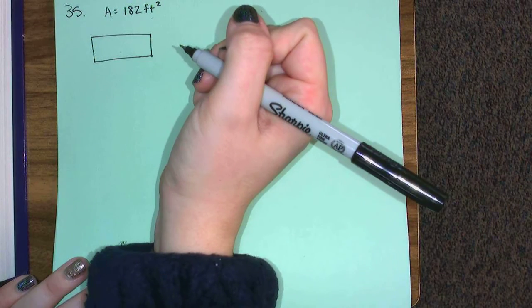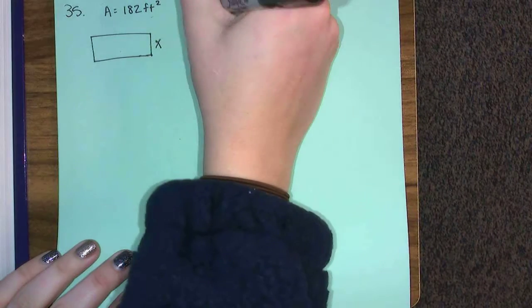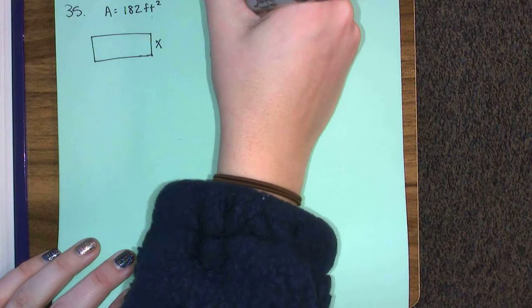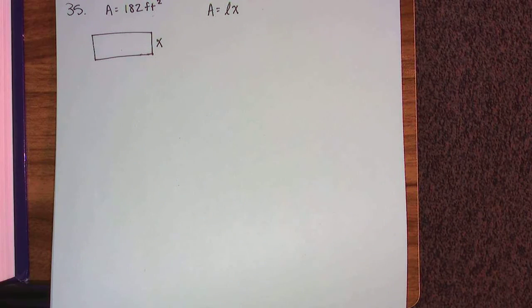We know that the length of one of the sides is x. What do we know about the area of a rectangle? It's length times width, so A is equal to L times, we're going to call it x. So the other side would be what?